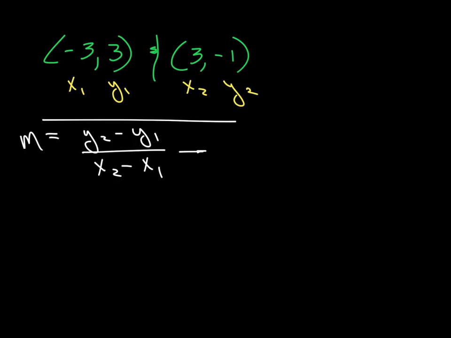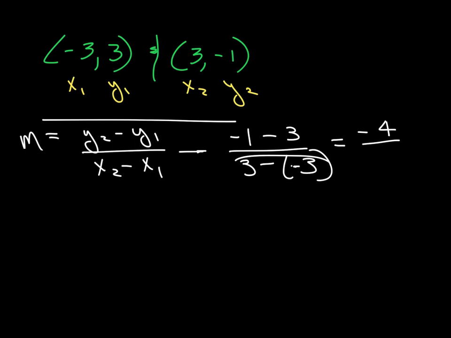That being the case, y2 is -1 minus y1 is 3, over x2 is 3 minus x1 is -3. So -1 minus 3 is -4, and 3 minus -3 is 3 plus 3 is 6, and that reduces to -2/3. So we just found out that our slope is -2/3.